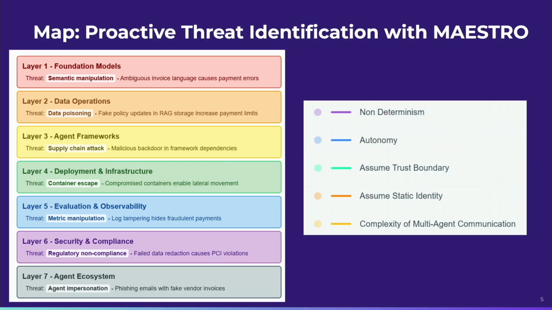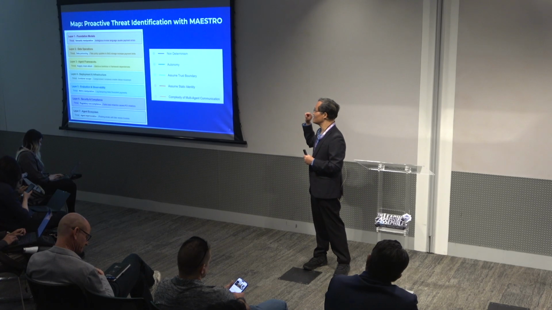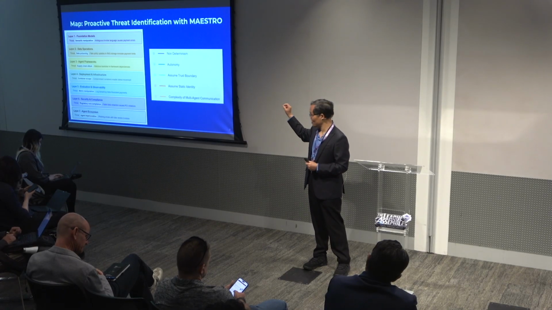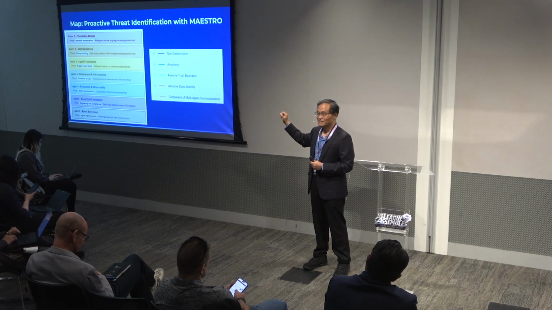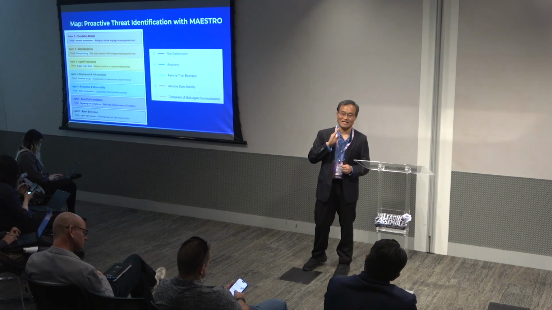So non-determinism is one, and autonomy, especially for agents. If an agent cannot make its own decision or execute some tool to take actions, then it's not an agent. That's not an agent in our sense, right? So for an agent, you must give a certain level of autonomy. Full autonomy is hard, right?